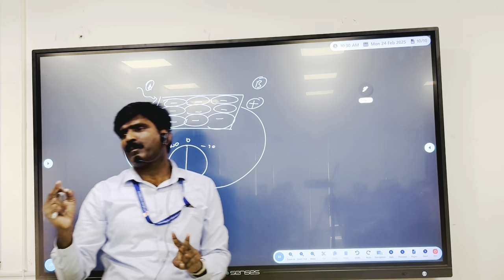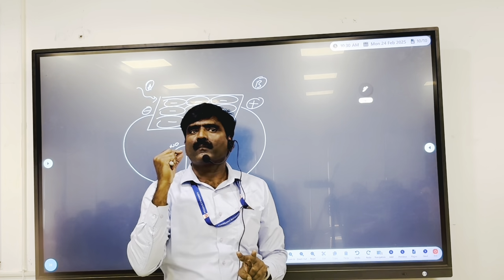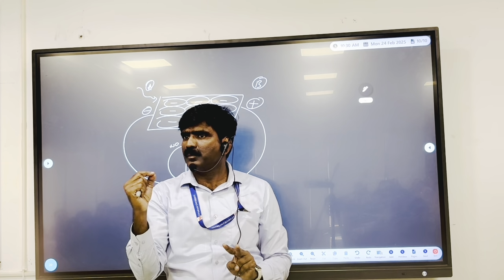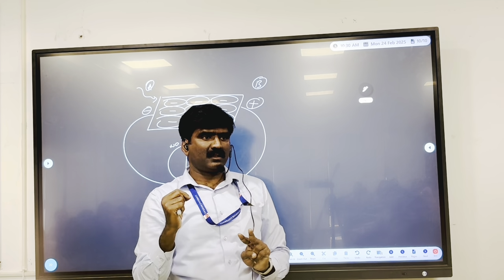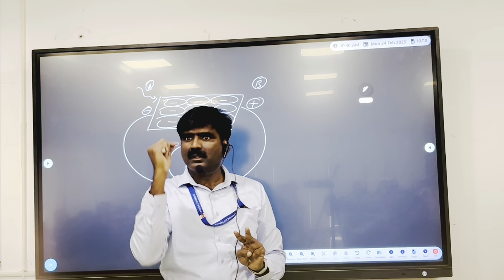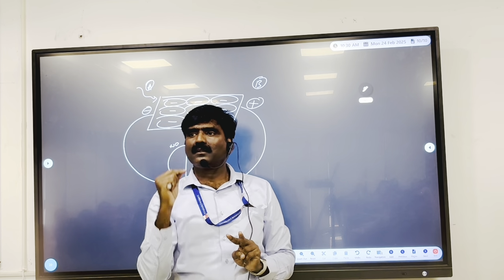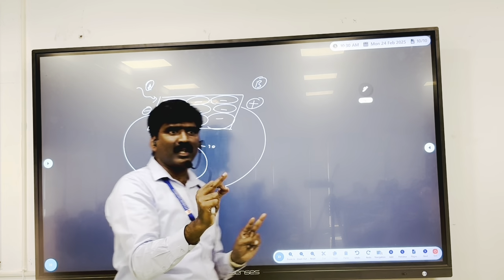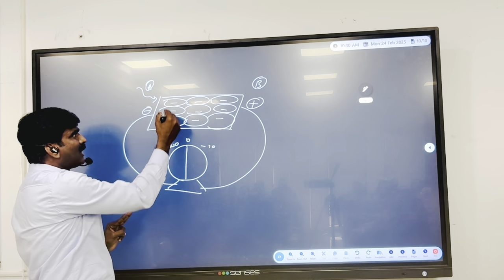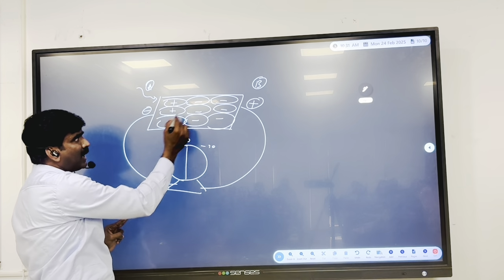Second, when you are stimulating appropriately. What is the meaning of appropriate? You are taking the resting membrane potential to the threshold potential, from minus 90 to minus 70. That is called appropriate stimulation. When you give appropriate stimulation, sodium will enter and this cell will depolarize.